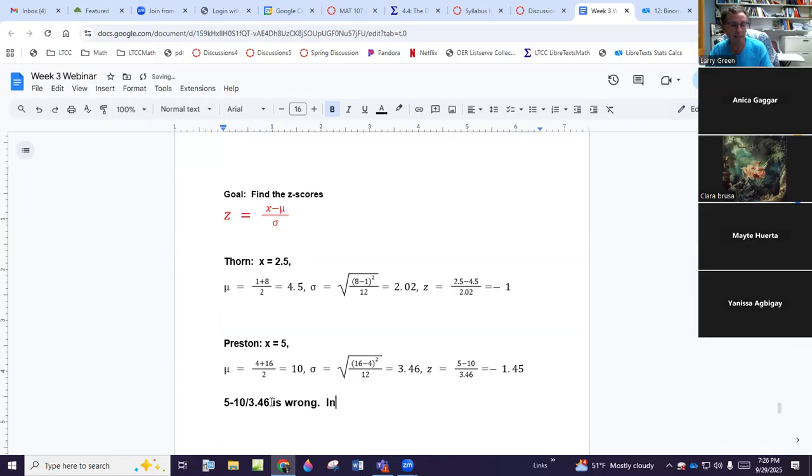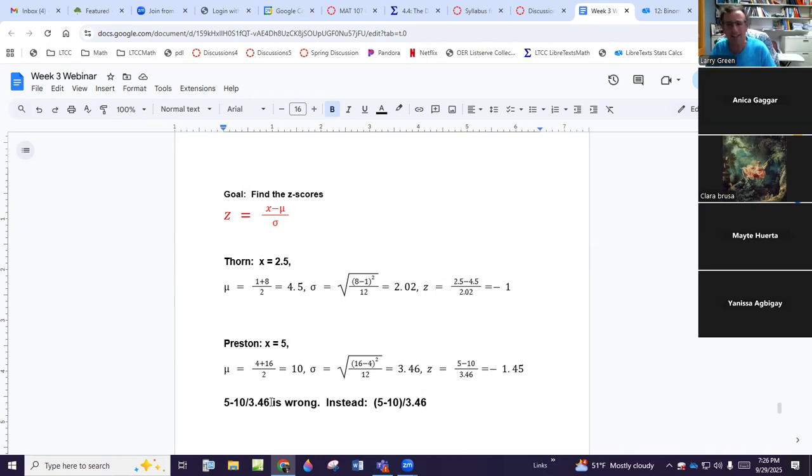Instead, you need parentheses: 5 minus 10 in parentheses divided by 3.46. Remember, order of operations, PEMDAS, says parentheses first, and then it'll do the 5 minus 10 and then divide by 3.46. Okay? Does that make sense?